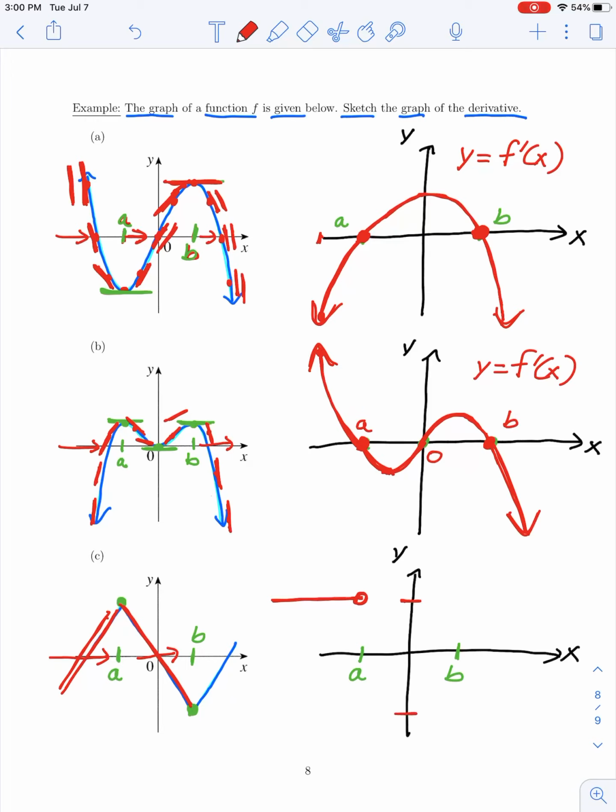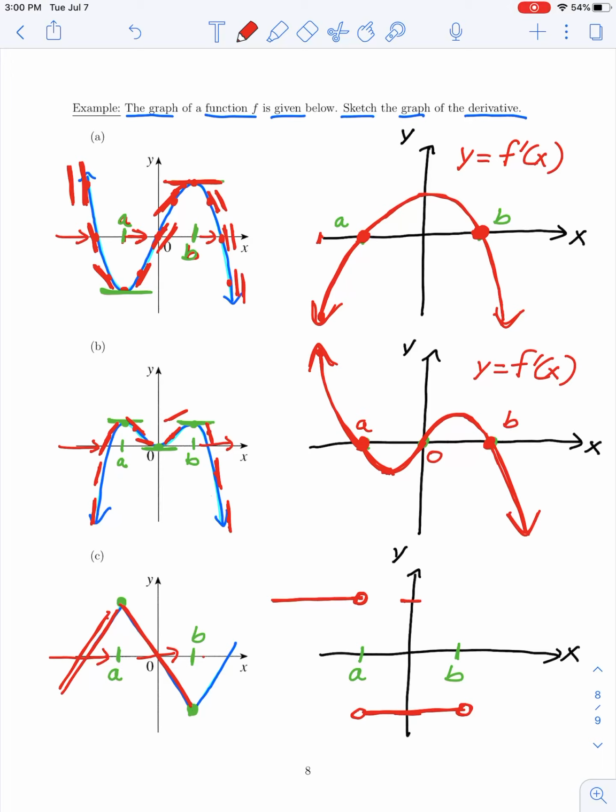So I'm going to jump downward to have a constant negative slope everywhere from a to b. And again at b, we had a corner, so I'm going to have a derivative which is undefined at b. I'm going to have an open point in the graph of my derivative.